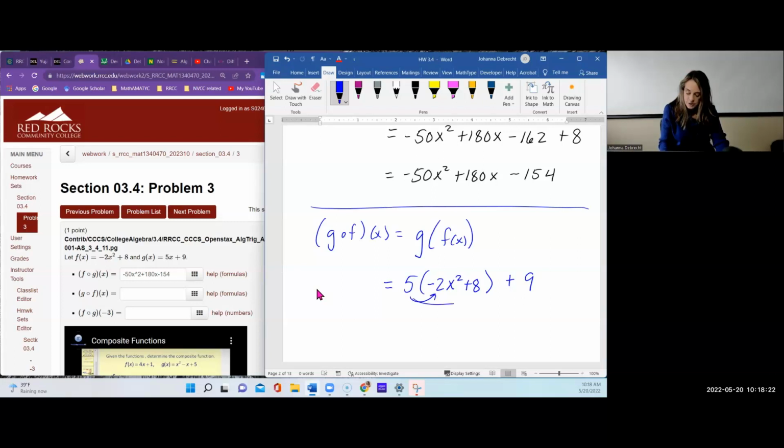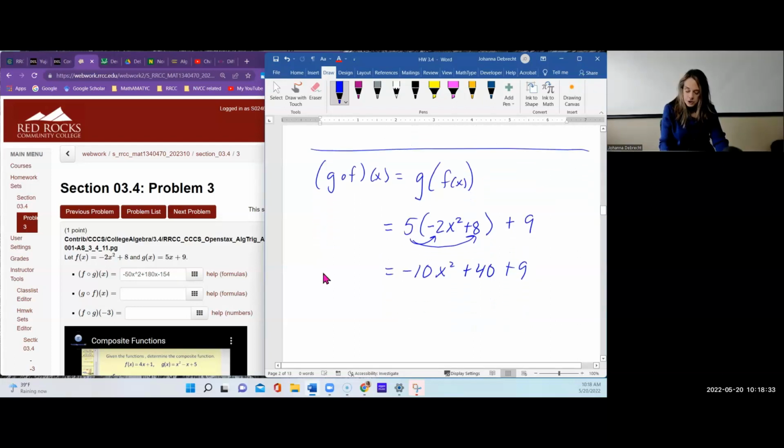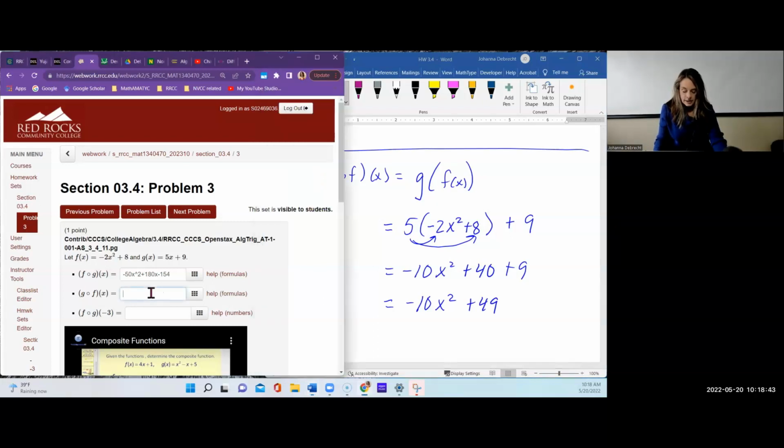The 5 distributes over both terms inside parentheses and gives us -10x squared plus 40, and the plus 9 tags along. Then we have two like terms of 40 and 9, so we combine them to get -10x squared plus 49. Let's go ahead and enter that in for our solution.